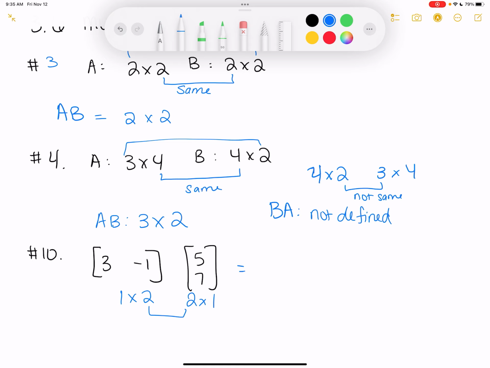Wait, which one comes first, the rows or the columns? Rows. Rows first, then columns, so reverse alphabetical. I literally, until like last year, could never remember which one it was that came first. So for the 5 and 7, shouldn't it be, so there's 2 rows and 1 column. So remember, columns go up and down.